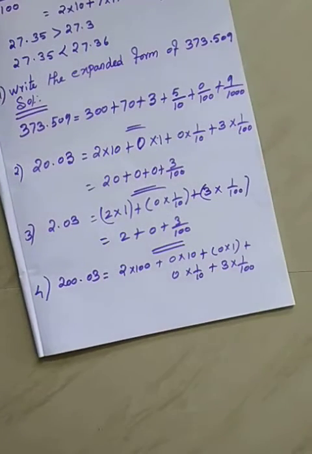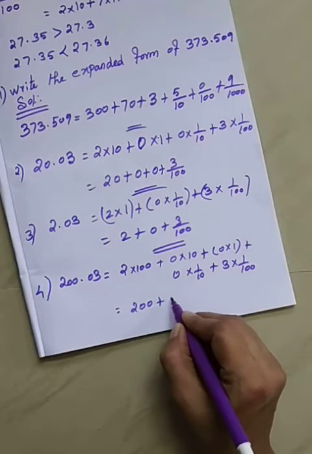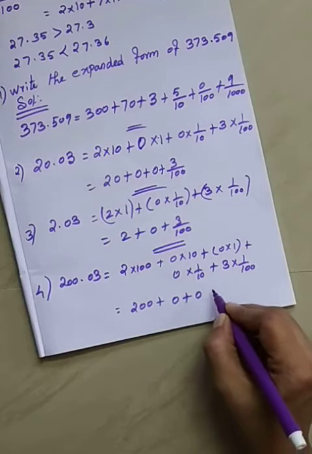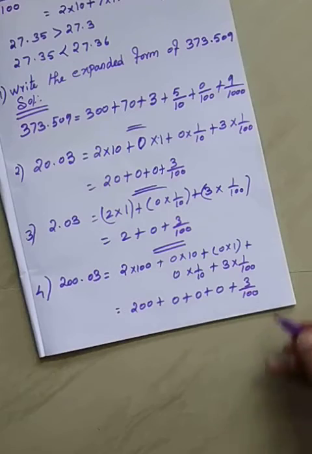Clear? You have to write 200 plus 0 plus 0 plus 0 plus 3 divided by 100.